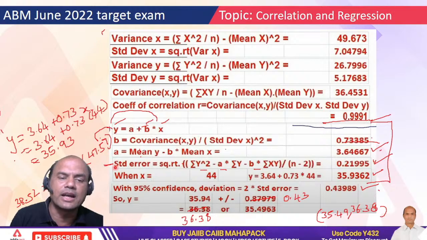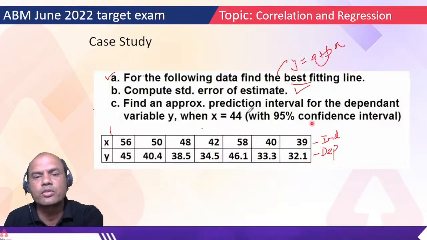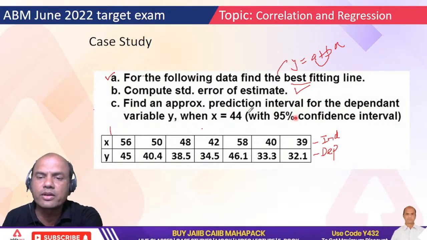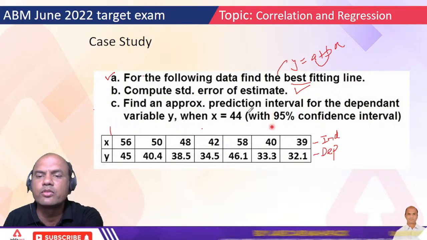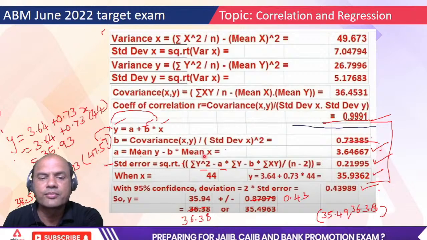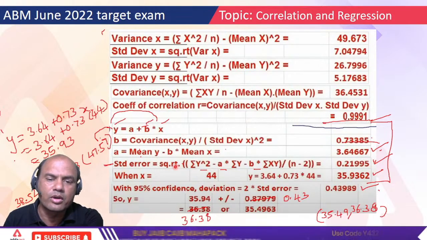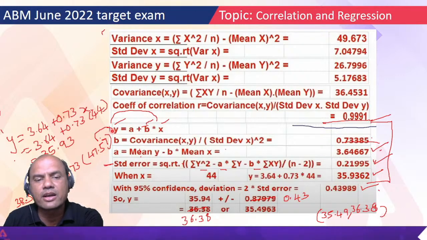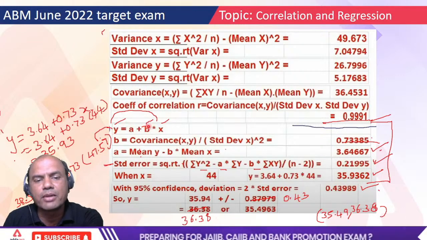Now we have to find the standard error. Why standard error? Because what is the question? 95% confidence. And for using this confidence interval, we always have to find the standard error. How to find the standard error? The standard error formula is the square root of, take this same equation, y equals a plus bx.